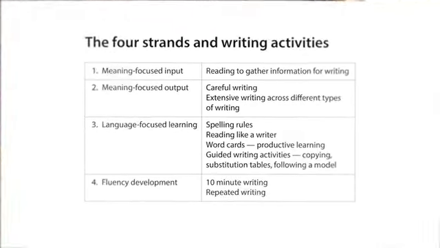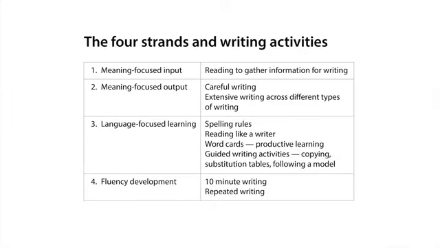A third kind of learning, which is important in the language-focused learning strand, is the productive learning of vocabulary and collocations. Learners need vocabulary when they write, and they need to make use of multi-word units or collocations. And it's useful to do some deliberate learning of very useful words and collocations for writing.